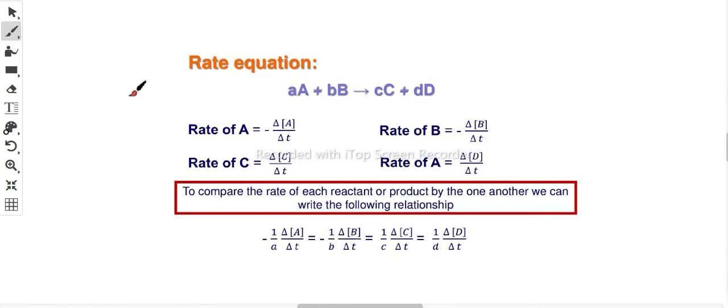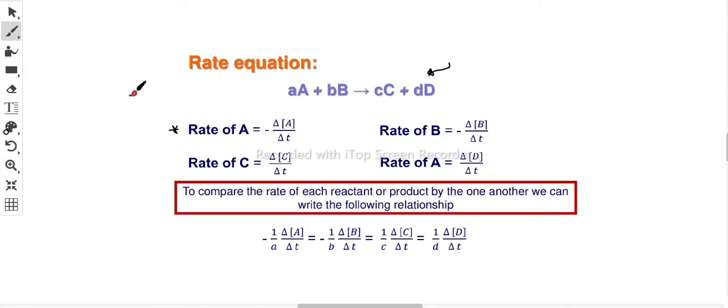Okay. Now we're going to continue with the rate equation. We have something called the rate equation. We're going to start with it now. I've got here a balanced chemical reaction that shows the reaction between A and B to form C and D. If you remember, according to our definition for the chemical rate of reaction, the rate of a chemical reaction can be followed by the change in the concentration of any reactant or product.